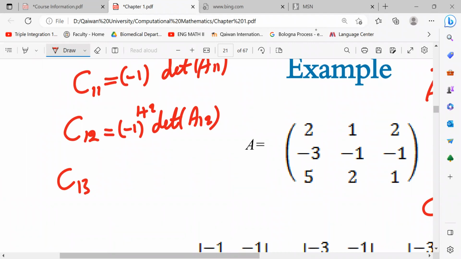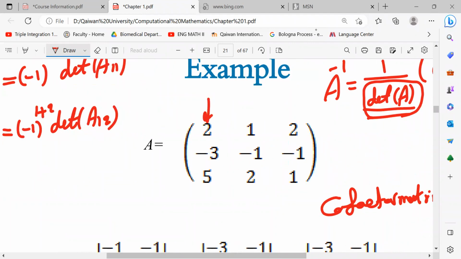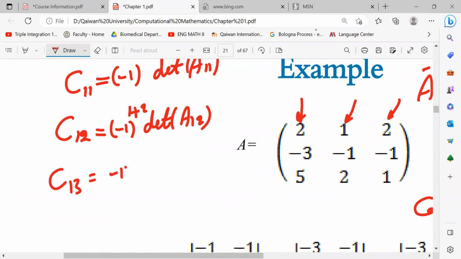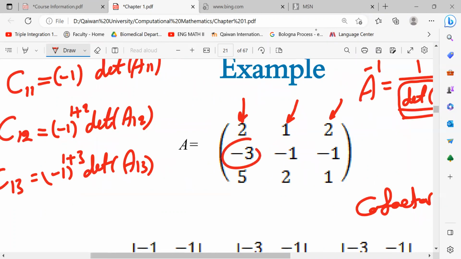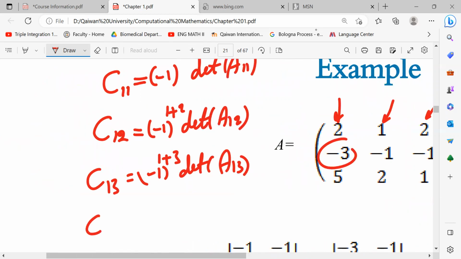Then C13. From this one, we get C11, C12, C13. C13 is -1 to the power 1 plus 3, determinant of A13. As for these three, how about here? What do we get? C21 is -1 to the power 2 plus 1, determinant of A21.